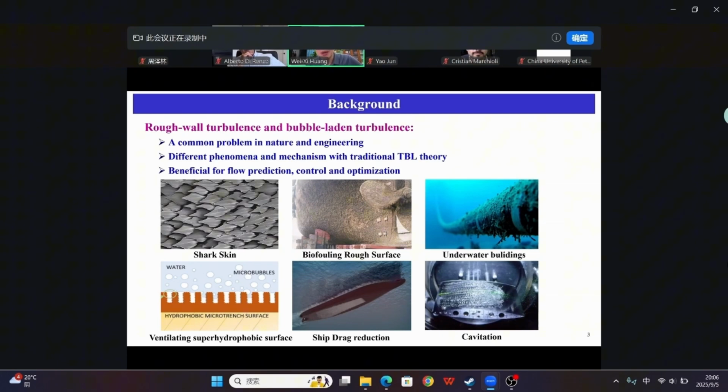Some typical examples include the biofouling rough surface of a ship and also microbubble drag reduction for ships and so on. So in this kind of real problem, it may include both the rough wall and the bubble-laden situations.